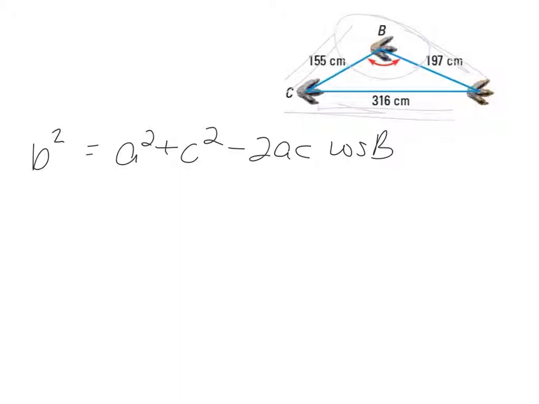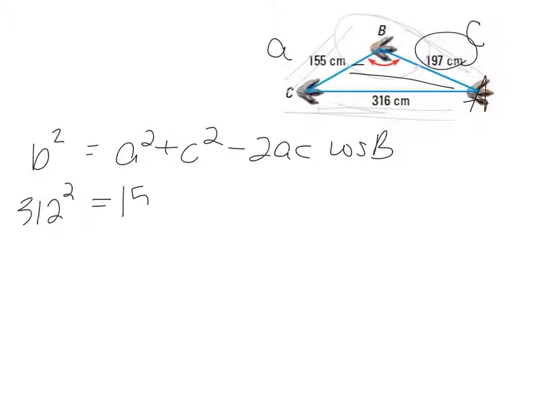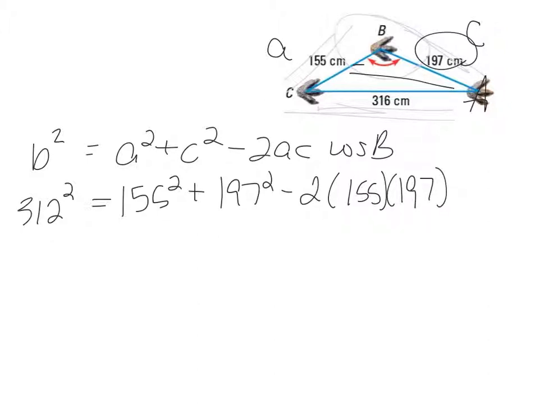Now let's fill it in. B squared is 316 squared. A squared, it doesn't matter which one we use. So this is C. This is A. Okay, sorry. 155, 197. 2 times 155 times 197 cosine B. So subtract.